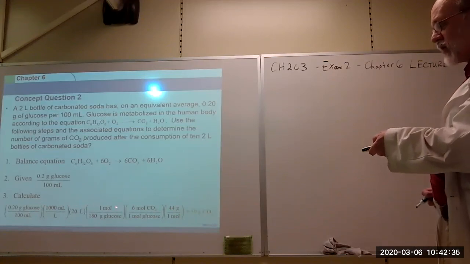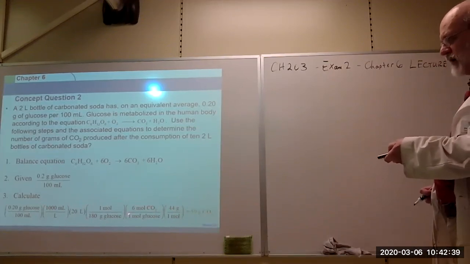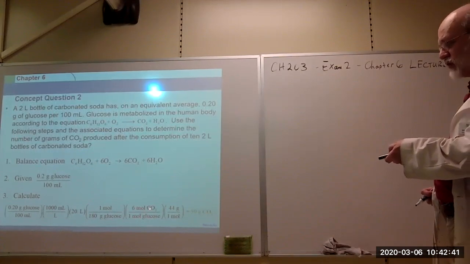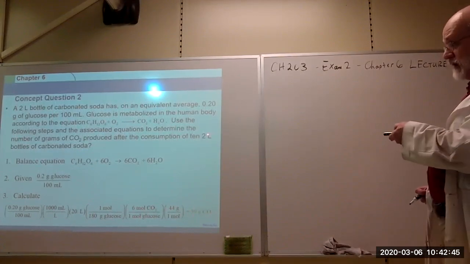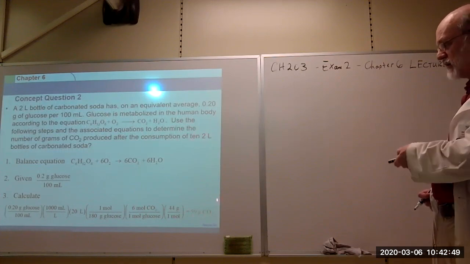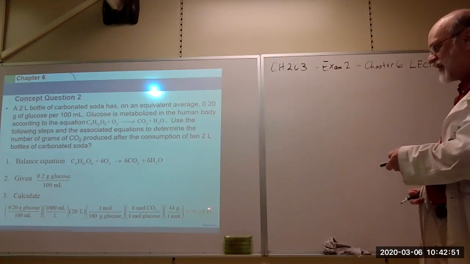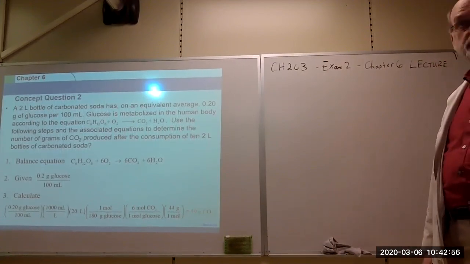Then we can convert glucose to moles of glucose and convert moles of glucose to moles of CO2. Then we convert it back to grams and find out if you consume 10 bottles of 2-liter soda, you're going to exhale 59 grams of carbon dioxide, which is a lot.